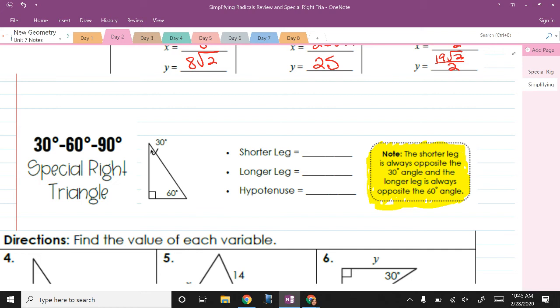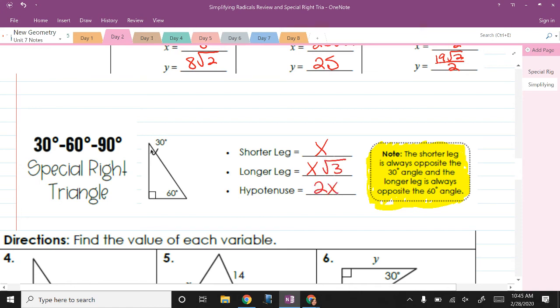And the hypotenuse is going to be double the short leg. So we call the short leg X, the long leg X radical 3, and the hypotenuse is 2 times X. You can't really see my radical.